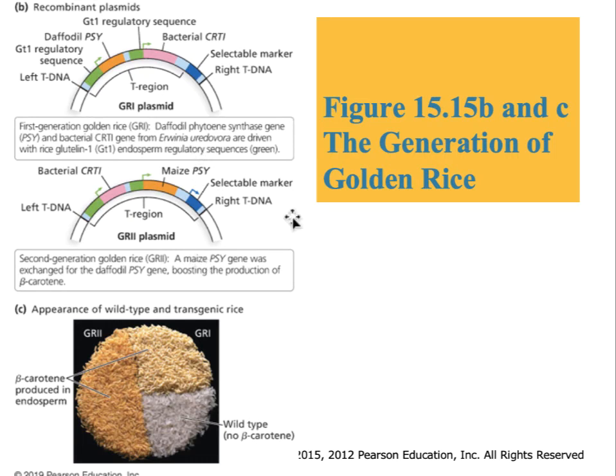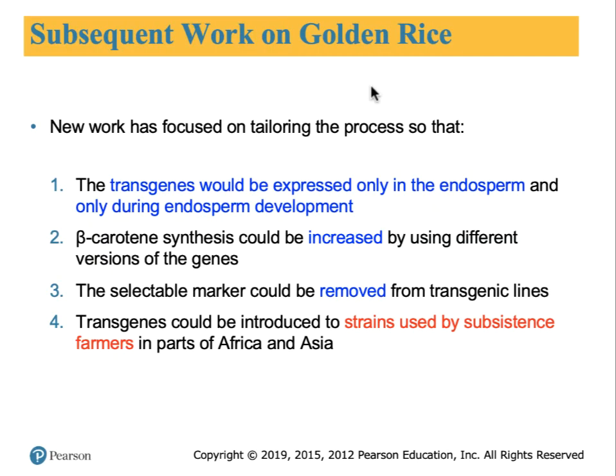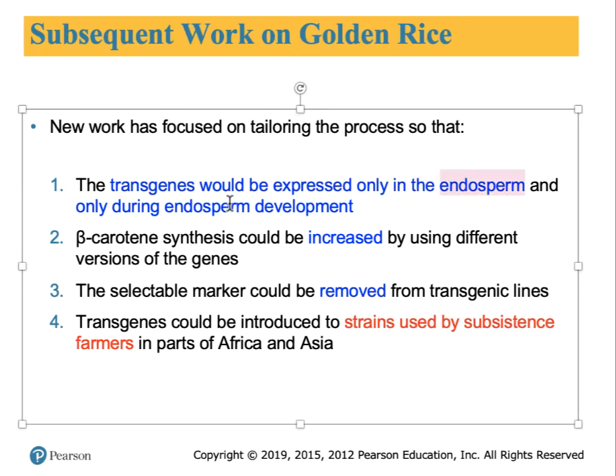This swap enabled more beta carotene to be produced inside the rice grains, and we can see this as a darker pigmentation in GR2. Further work has continued on this project with the following objectives. First, the transgenes should only be expressed in the endosperm and only during endosperm development, no other time.